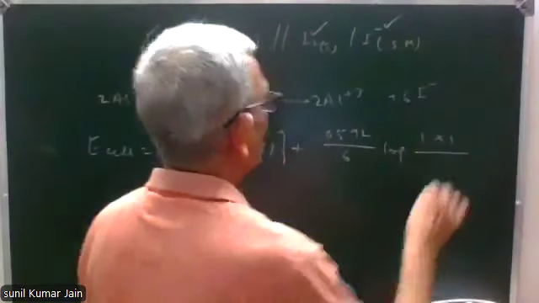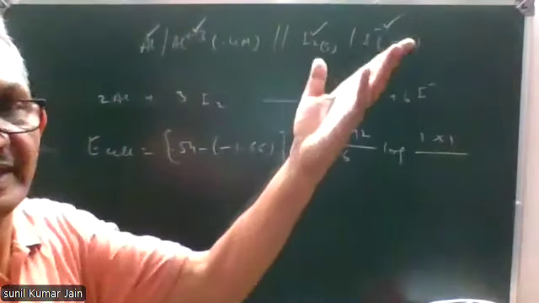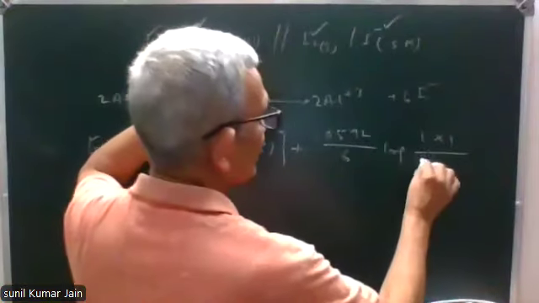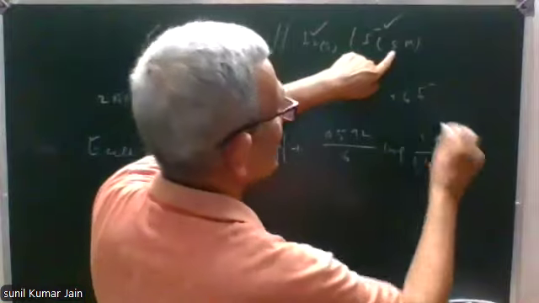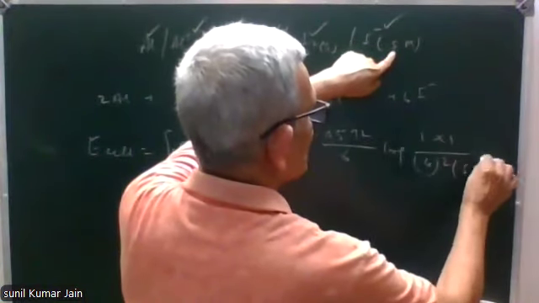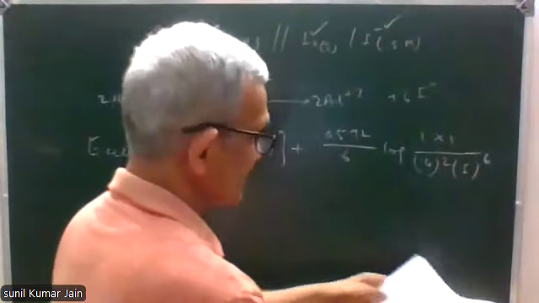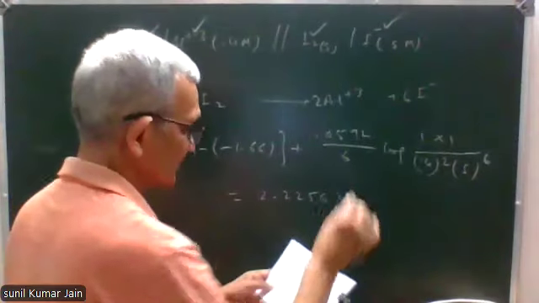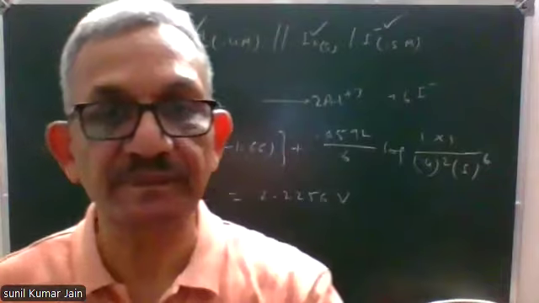Log: both reactants are solids, 1 into 1, raised to power anything doesn't make any difference. Aluminium ions 0.4 square. Iodide ions 0.5 raised to power 6. This will give the answer. This is 2.2256 volt. 2.2256 volt, yes.